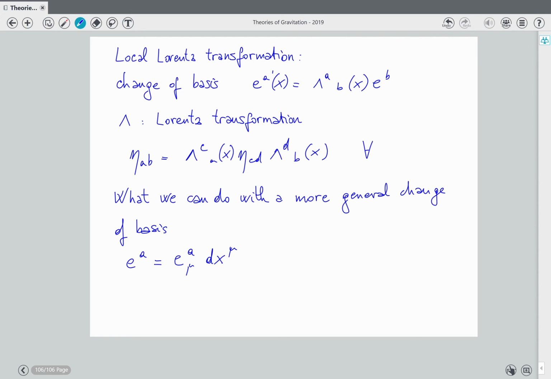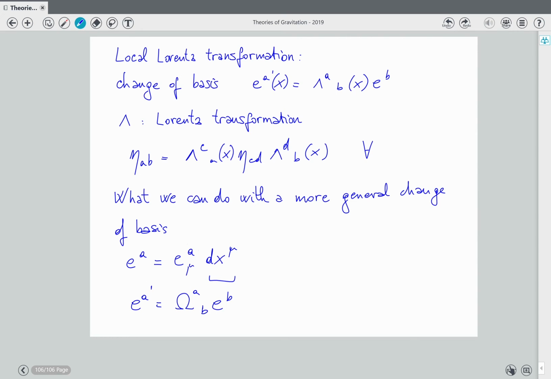This is a change of basis. Imagine this as the e^A, this is the omega, and this is the e^A prime. This is the change of basis that takes you from the space-time indices mu to the flat space indices.